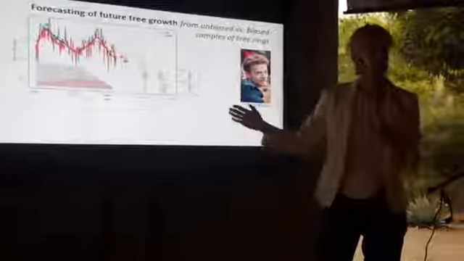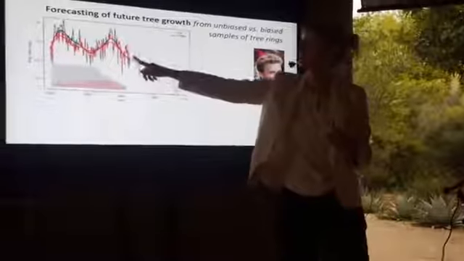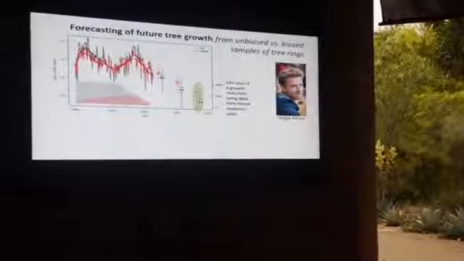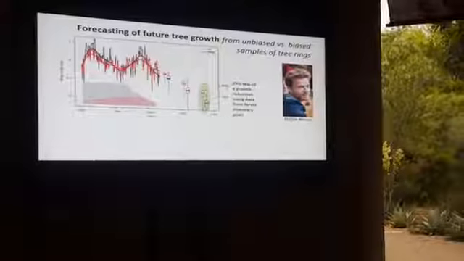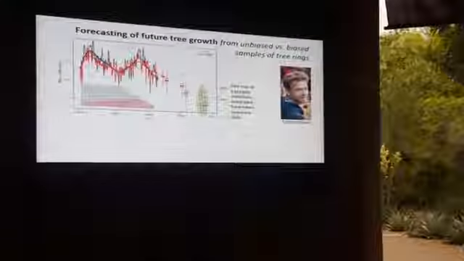So the black are those dendroclimatology, those most climate sensitive trees. So the decline that's predicted based on the forest inventory samples is 29% less compared to the samples that are taken from those most climate sensitive trees.